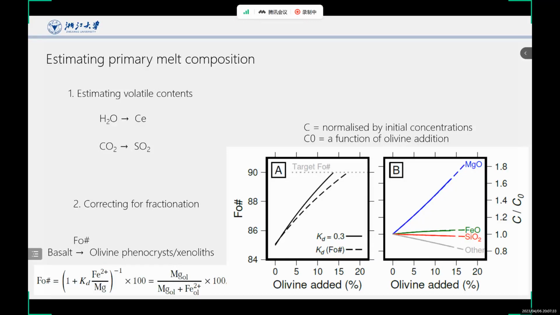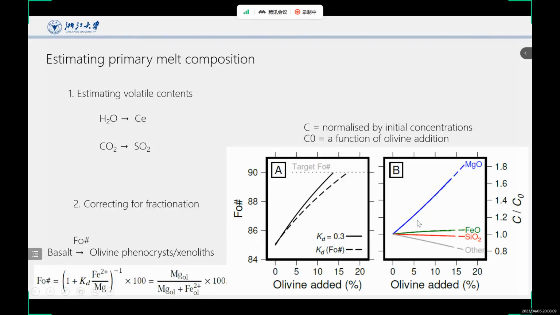They set the partition coefficient KD at 0.3, and they calculate that we need to add olivine at 40%. If we set the partition coefficient as a varying function, we will need something like 70%, 60% olivine addition.